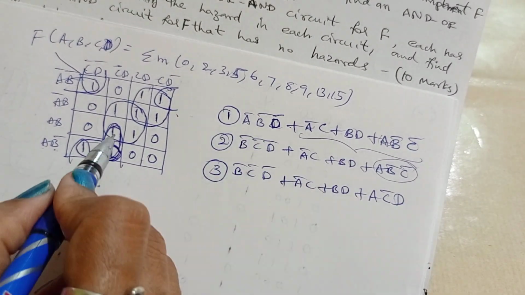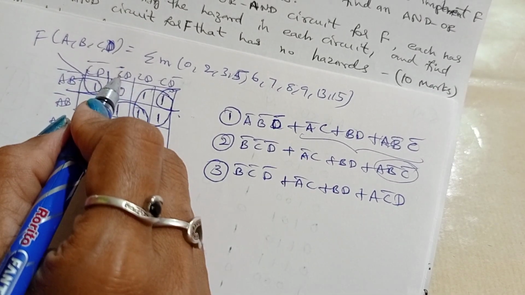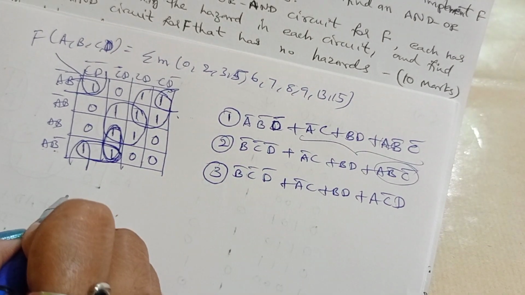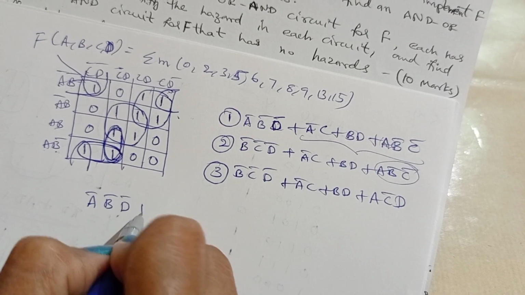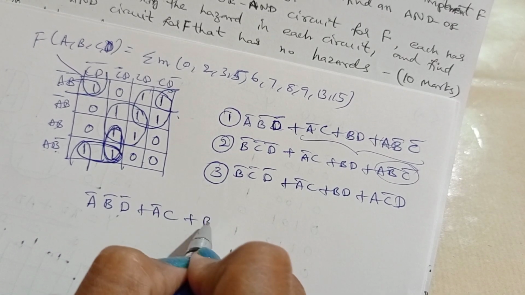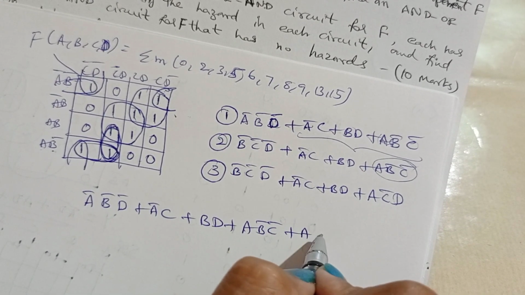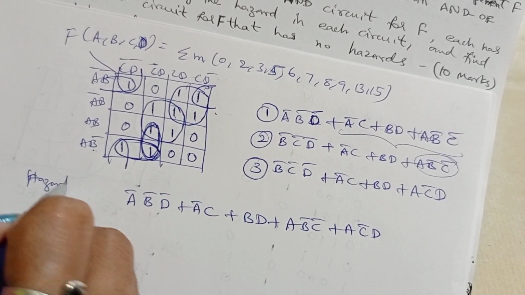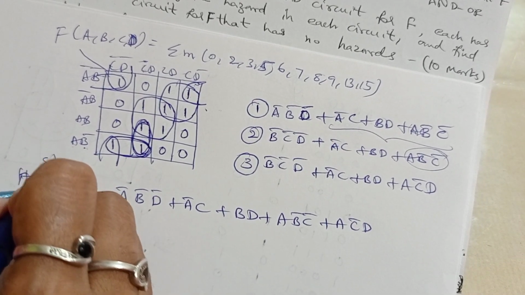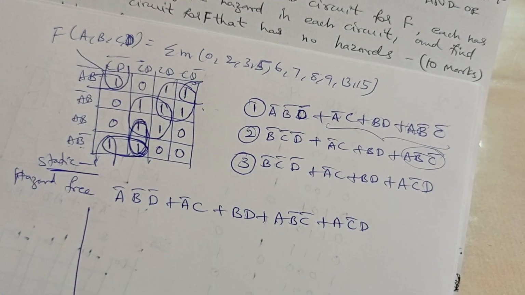And include this A C bar D. This eliminates hazard. So this is the hazard free circuit. Overlapping A C bar D. This is static 1 hazard free.